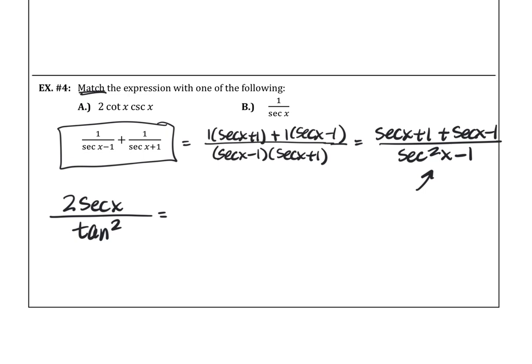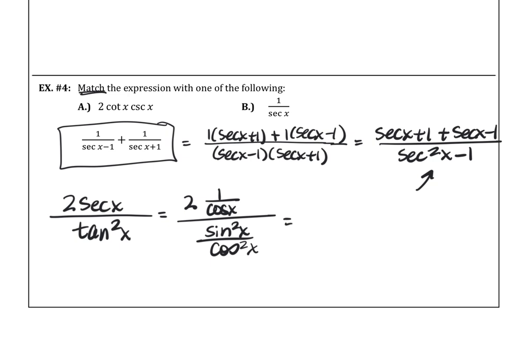So let's just write them all as sine and cosine. So this would be 2 times 1 over cosine x, and this would be, oops, I forgot the x here, sine squared x over cosine squared x.